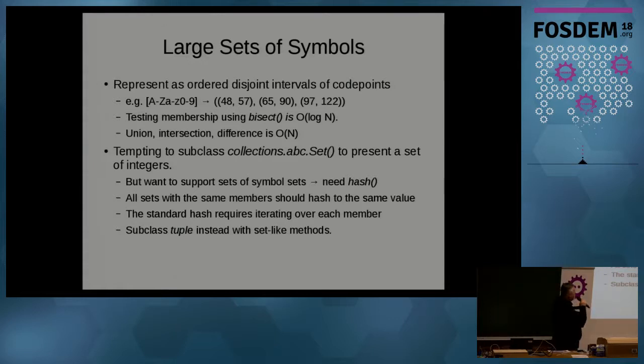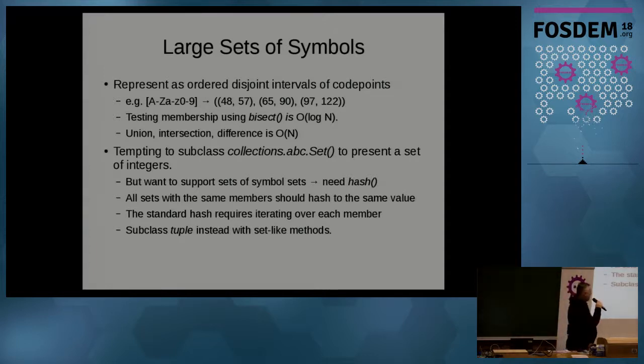It's really tempting to subclass the collections ABC Set, which is standard Python 3, to pretend you've got a set of integers. But as it turns out, that's a really bad idea. And it all comes down to hash. We need to put our sets into sets of sets, which means we need hash. If you remember, in that previous algorithm, we had sets of states.